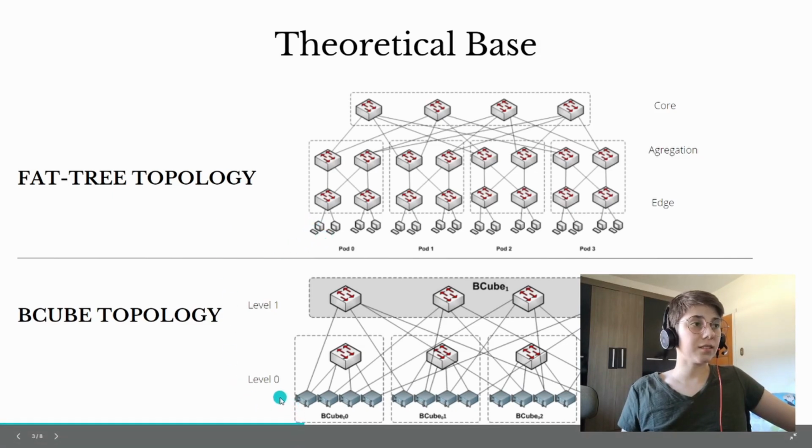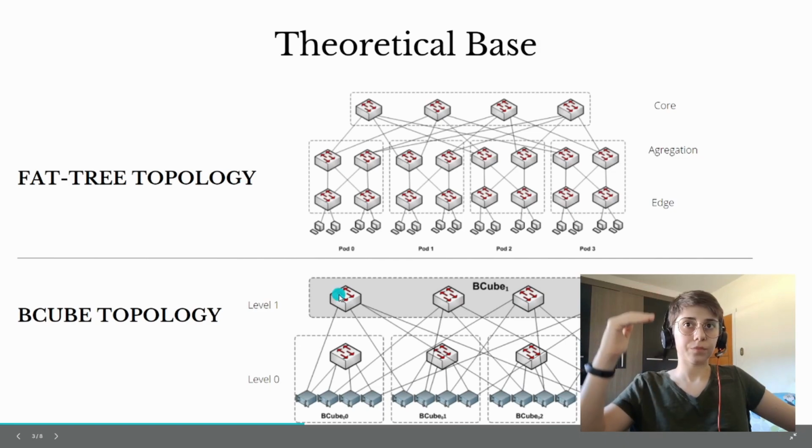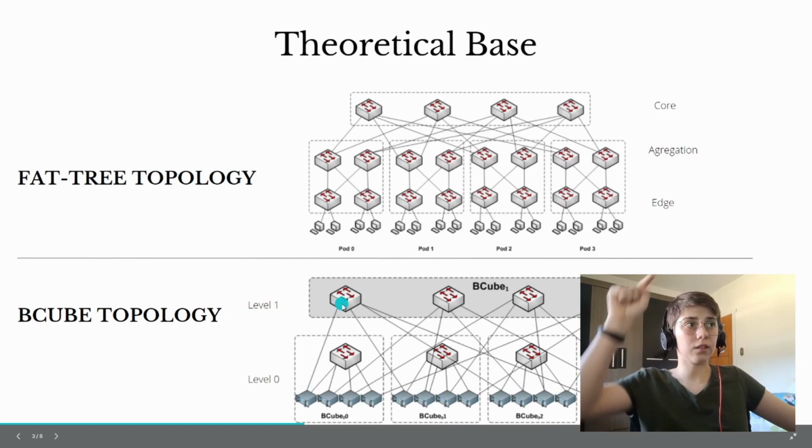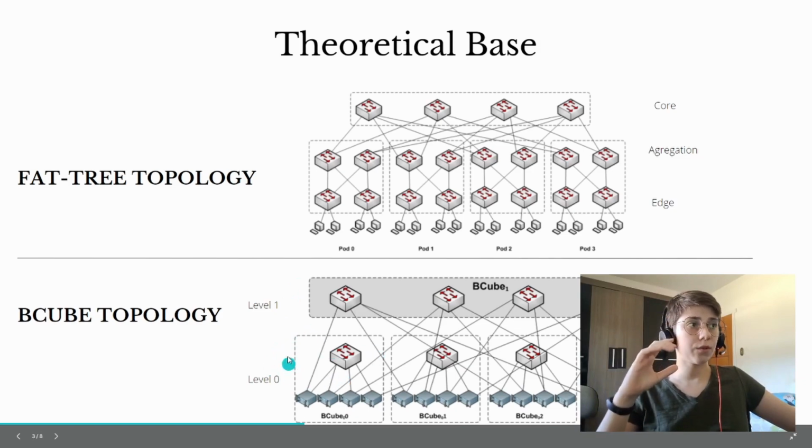And this is the opposite of B-cube, where I can connect the server with more than one switch, and a switch with more than one level of switch. What we have in B-cube is a recursive model of topology, because I can connect level 0 with the server, and I will connect this server with level 1, and if I have level 2, each block will make this recursion.